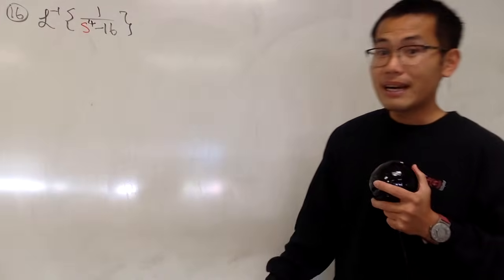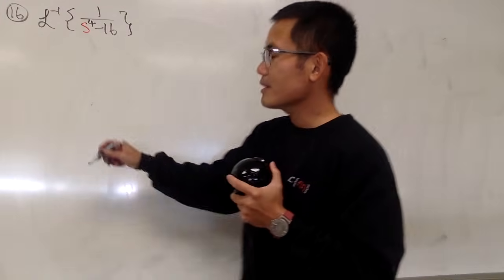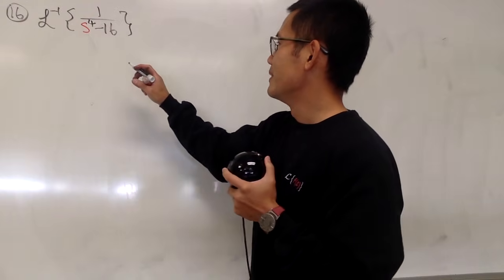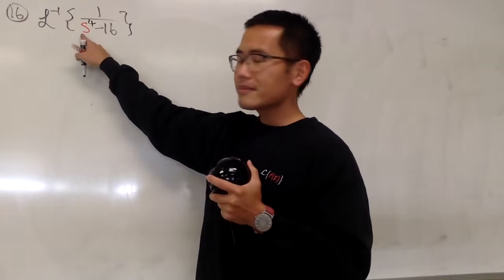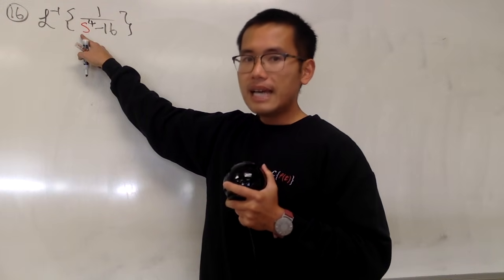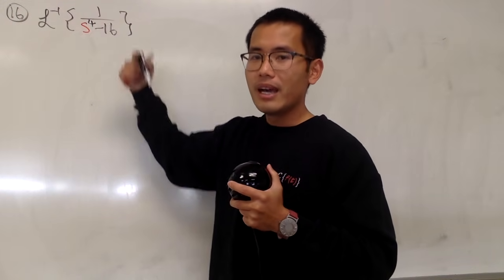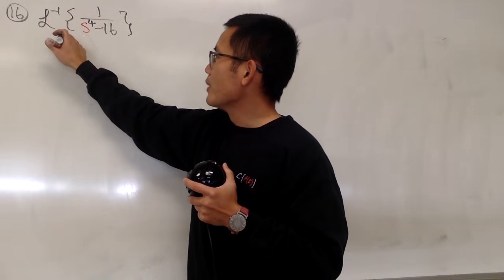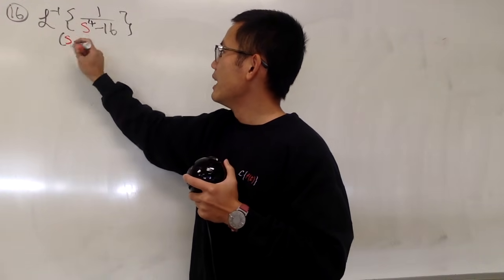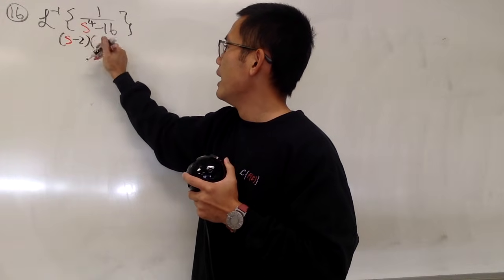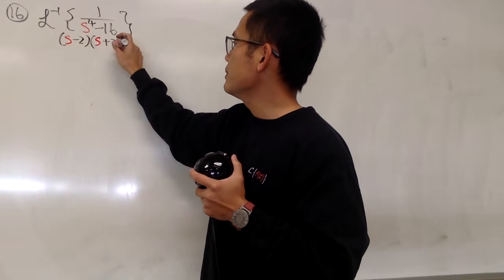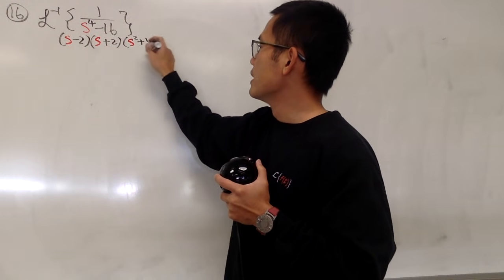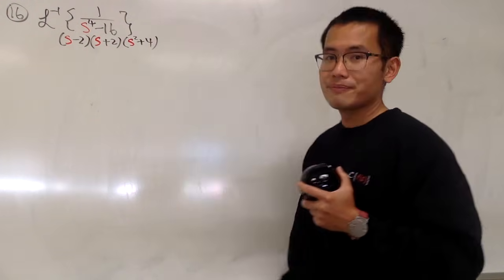Now, factor things out. Can we do this in your head? Let's do this in our head. We first get s squared minus 4, and then s squared plus 4. And for the s squared minus 4, we can do that as s minus 2, s plus 2, and then the s squared plus 4, unfortunately, cannot be factored, so that's what we have.